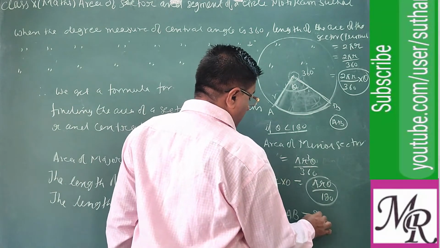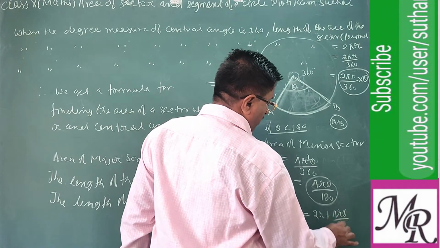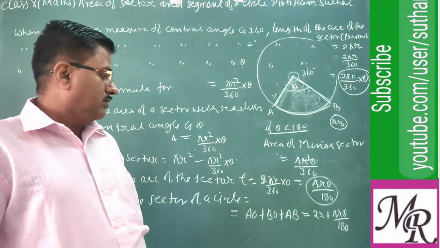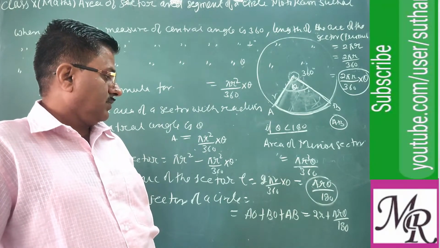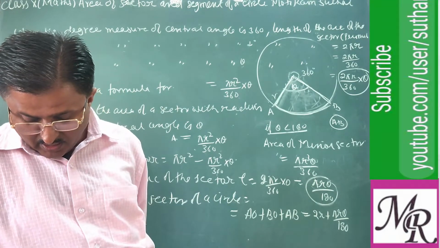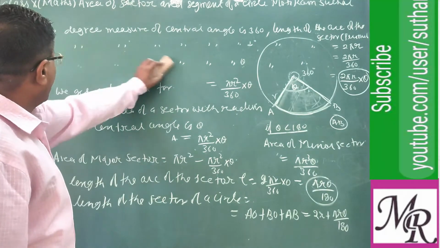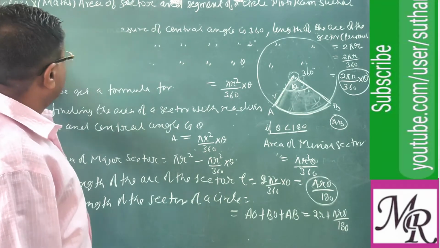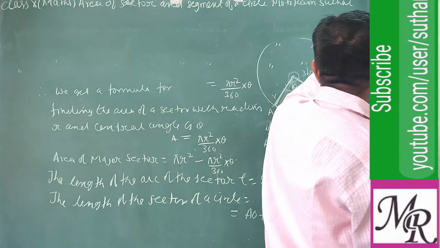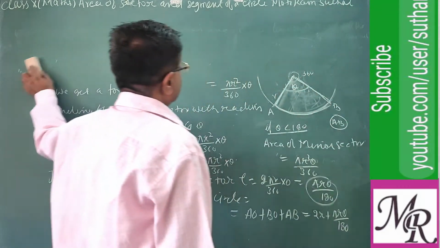So r plus r, 2r, plus pi r theta upon 180. Two r plus pi r theta upon 180. This is clear? How to find the length of sector of a circle and arc of the sector, 2 points.